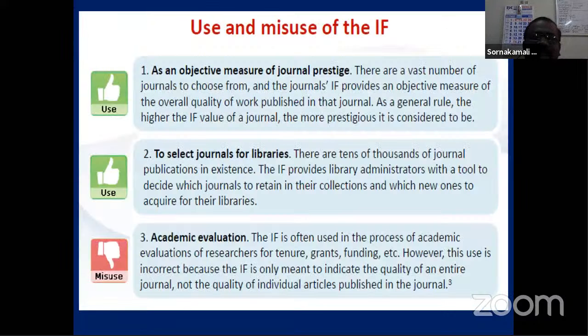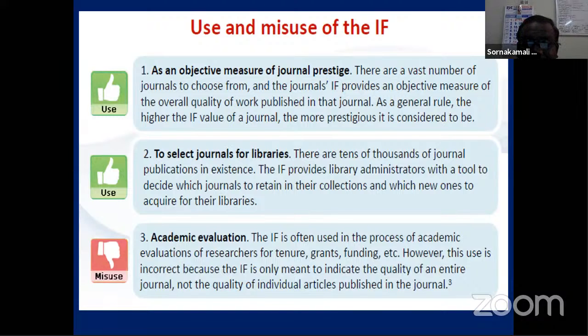Then, what is the use and misuse of the impact factor? Always, we consider impact factor a prestige for the journal. A journal which has a high or good impact factor, we consider a good journal. Then, as I said earlier, librarians can choose journals for the library based on the impact factor.